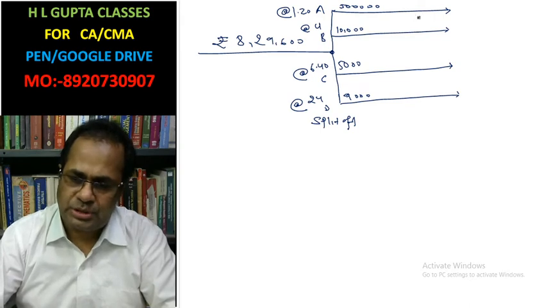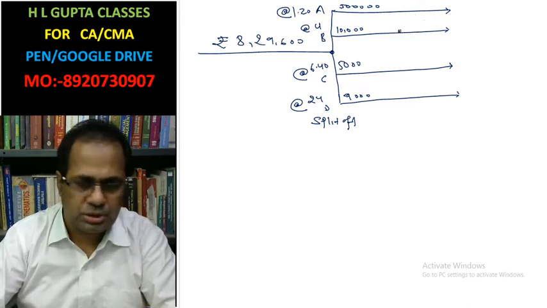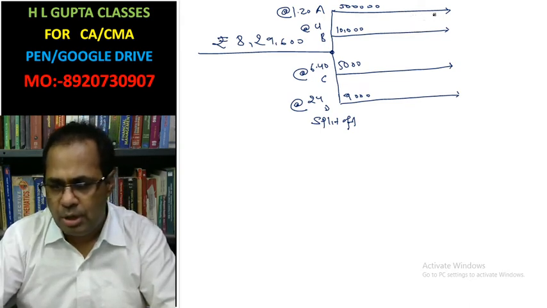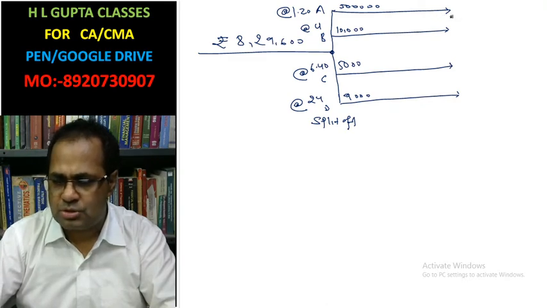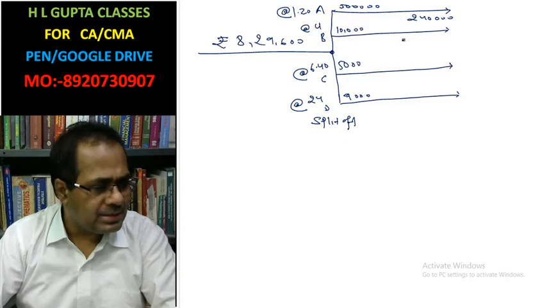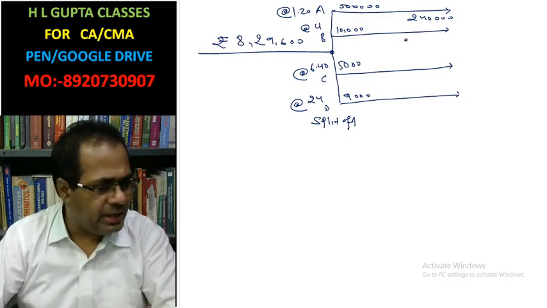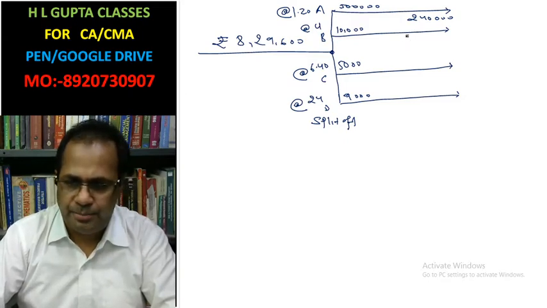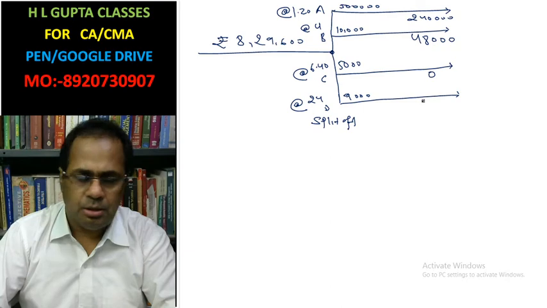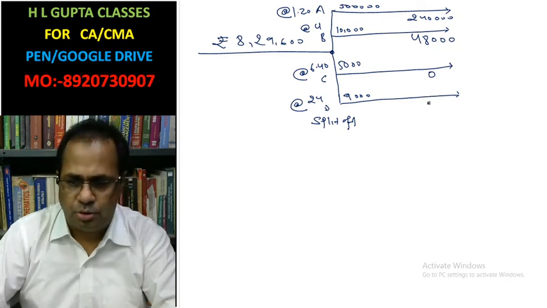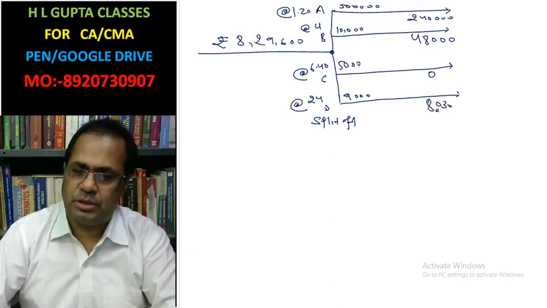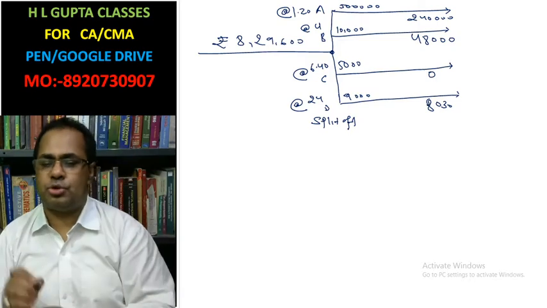After further processing, the further processing cost incurred is 2,40,000 for A, 48,000 for B, 0 for C, and 80,000 for D. This is the further processing cost.